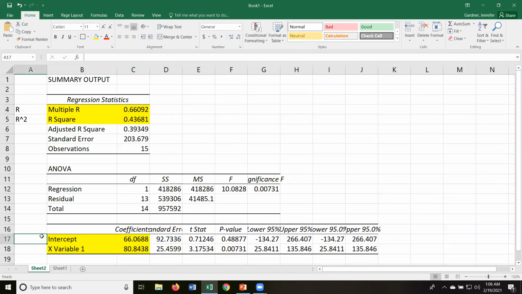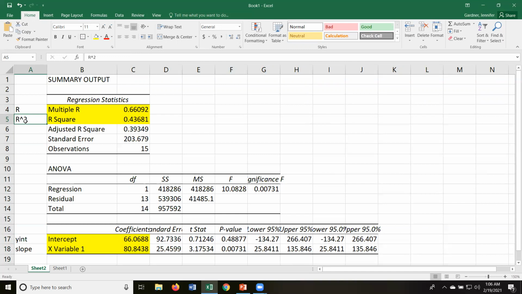This one here says intercept. This is the Y-intercept, and this is the slope. So the top two tell us how much they're correlated, and the bottom two give us our information for the regression equation. R squared has a slightly different definition, and it would be really good for you to look it up and understand it so you can interpret what R squared is telling you.